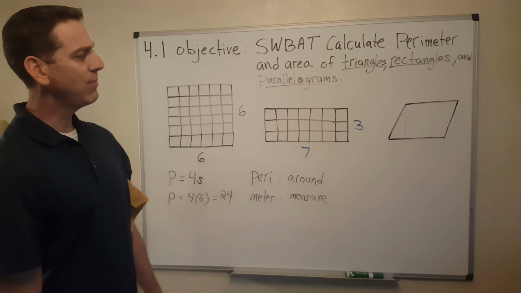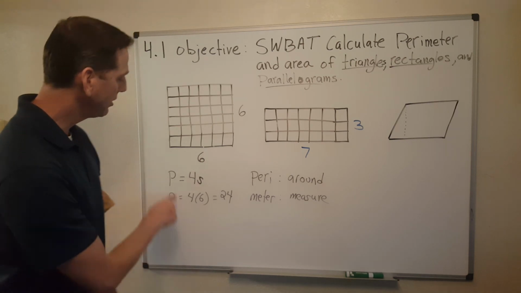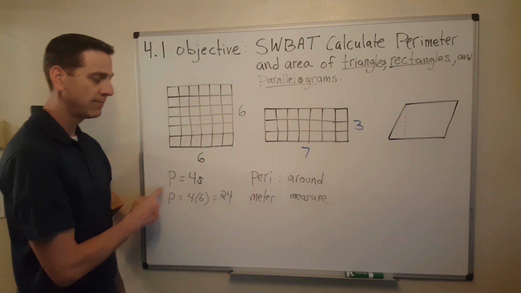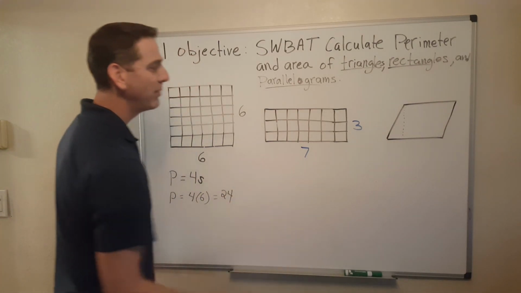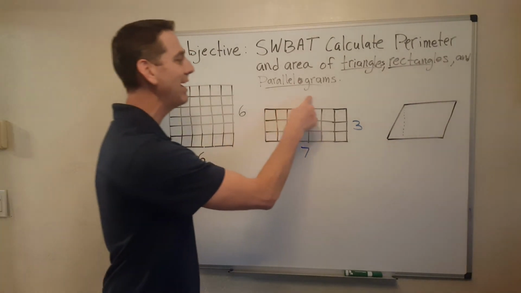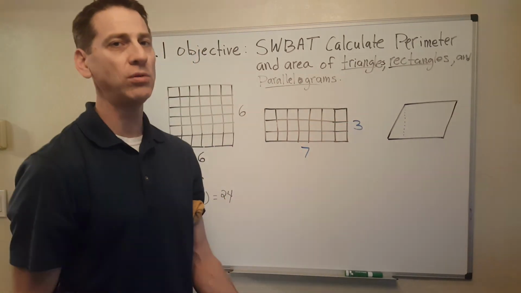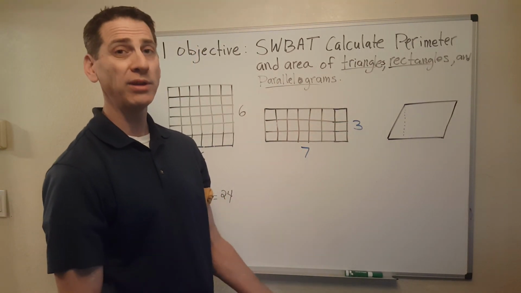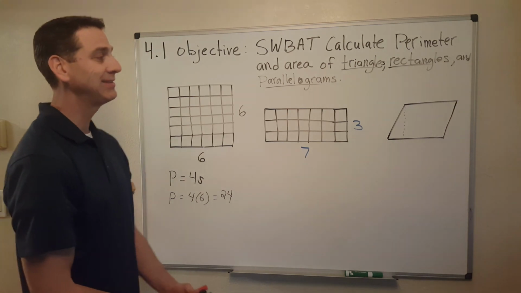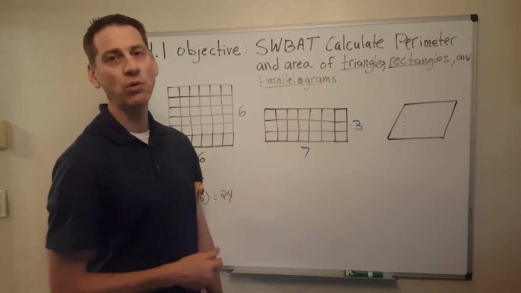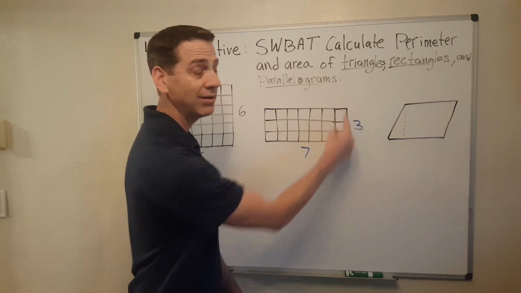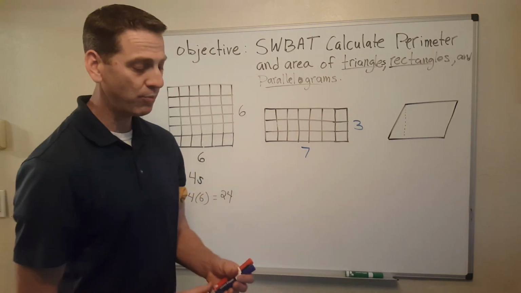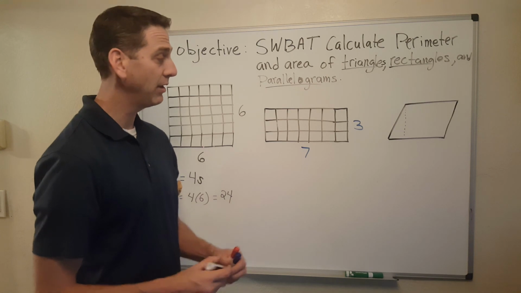Okay, so what would be my perimeter? Can I use this same formula? Well, the problem is that these four sides are not equal. They're not congruent. So I can't just simply say, hey, 7 times 4, and that's my perimeter, right? Because this side is not 7. Okay, so I can come up with another formula.